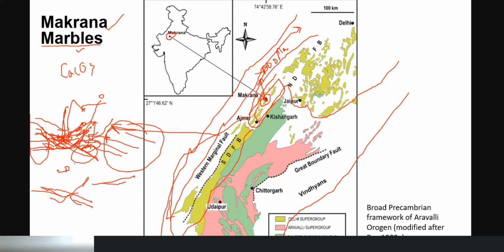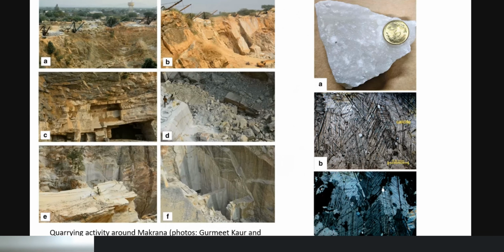This sediment was metamorphosed. Now the upper layer has been removed through erosion, and this metamorphosed stone has been exhumed to the surface. So this is the process of formation of Makrana marbles.